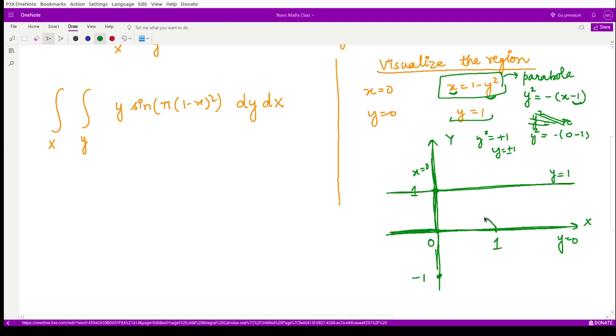So your parabola would go something like this. So what is your shaded region? The region which lies between the parabola, whose equation I can write as y square equal to minus x minus 1.